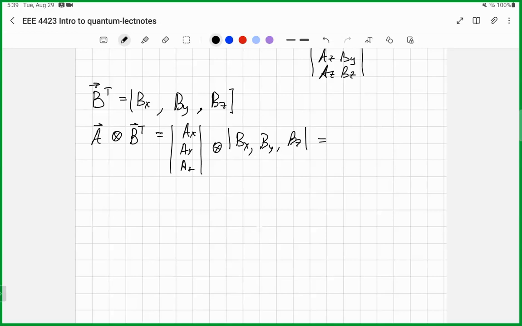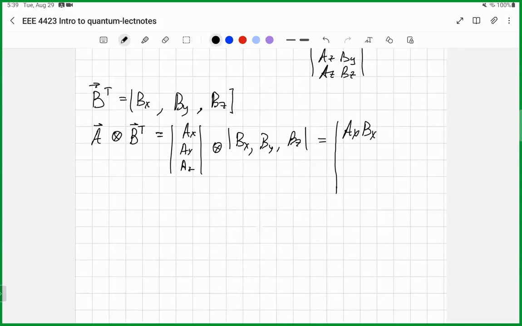So the product of column by row, how do we do that? I mean, according to the matrix product rules, we take the product of elements in the row in the first matrix by the elements of the column in the second. In this case, we have only one element in the row in the first vector, so it's ax, and I multiply this by bx.